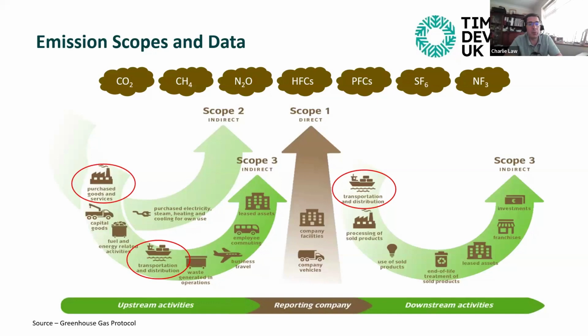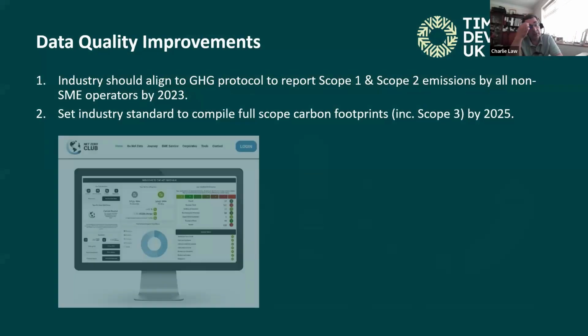We need to transport it to your facility and to your customer, so upstream and downstream transport. And if you're outsourcing that transport, that is a big impact that's not being picked up within your carbon footprint if you're only doing scope 1 and 2 emissions. But for the industry, that's a big impact. So those are the sorts of things I think you need to be considering.